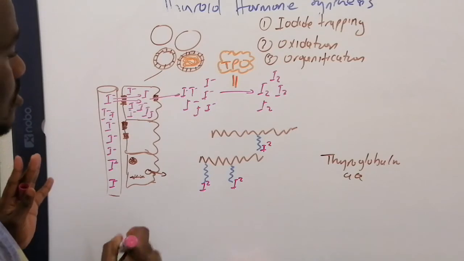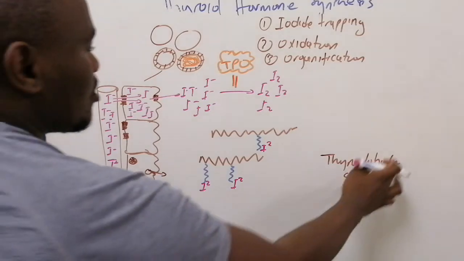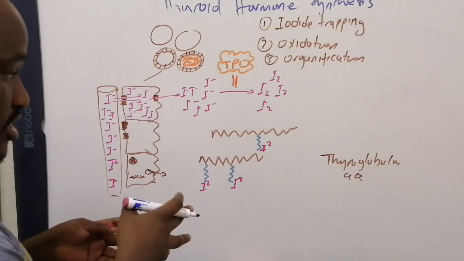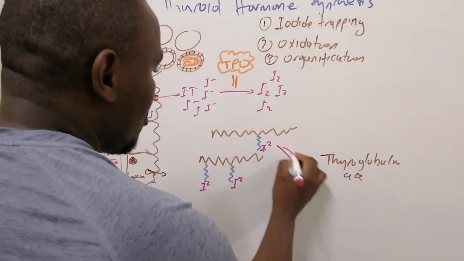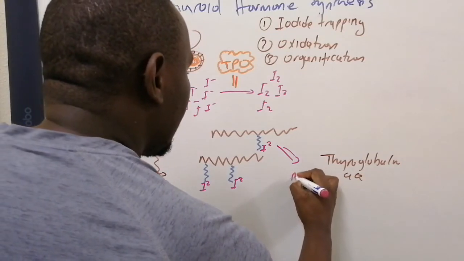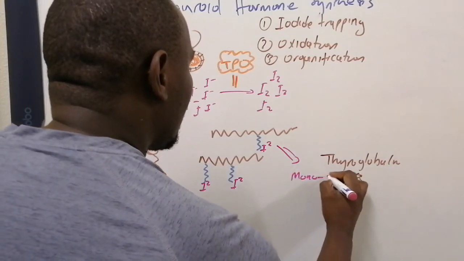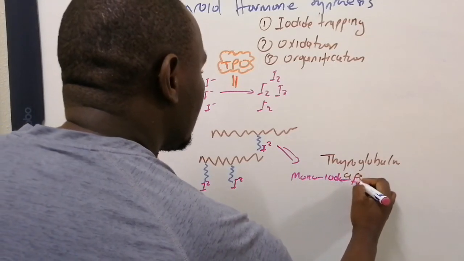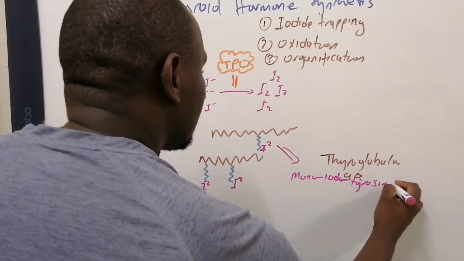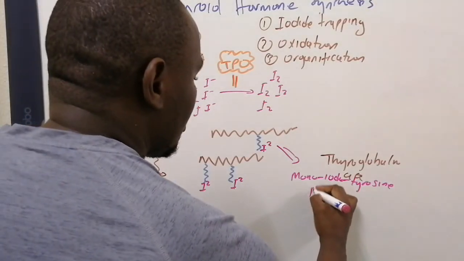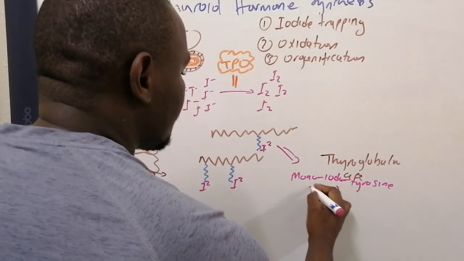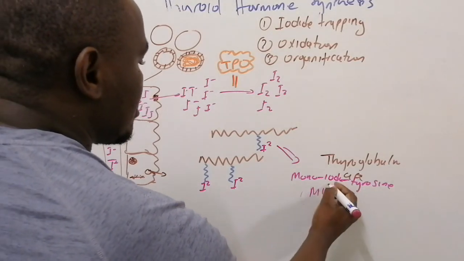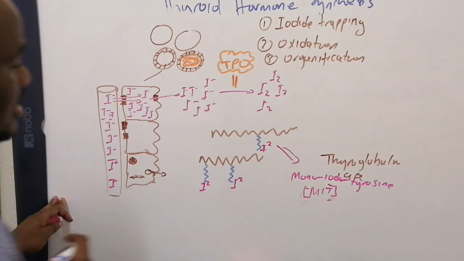Now, on a thyroglobulin, if one iodine attaches, that will be called a monoiodotyrosine, or MIT in short.